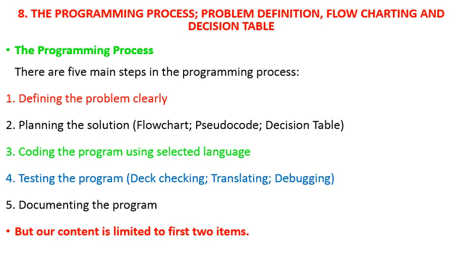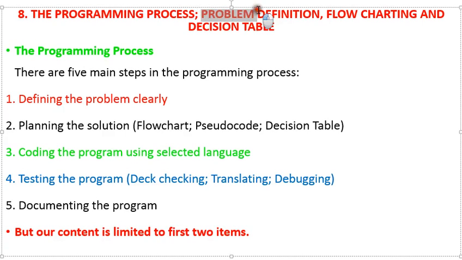If you want to carry out programming of a computer, there are some steps that are taken, and these are defined under this section. Number 1 is problem definition, then flow charting and decision table.